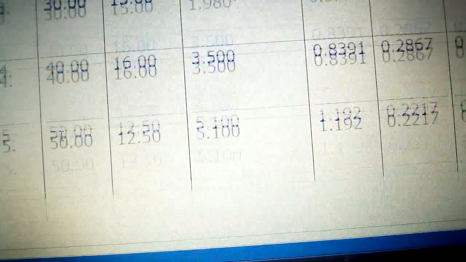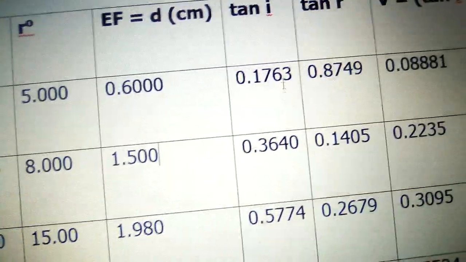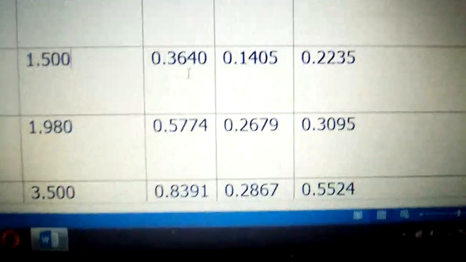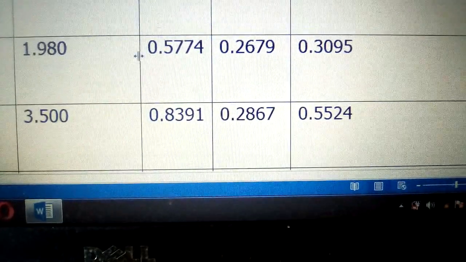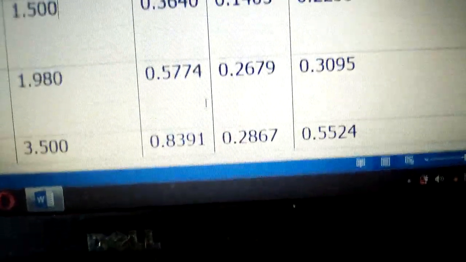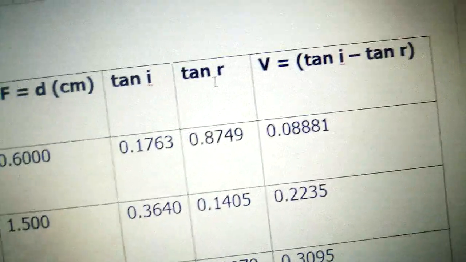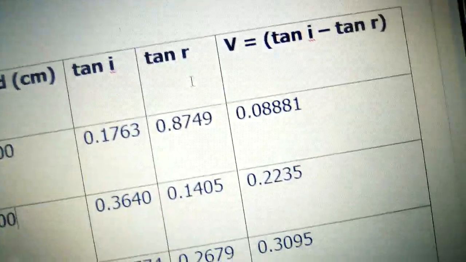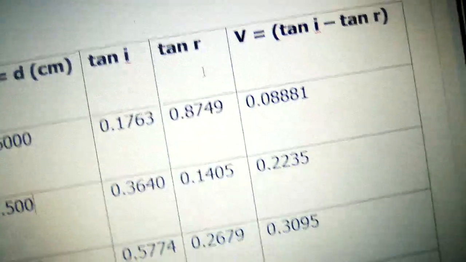Then we got tan I, that is the tan of the angle of incidence. Tan 10 is 0.1763, tan 20 is 0.3640, tan 30 is 0.5774, tan 40 is 0.8391. We also got the tan of the angle of refraction, as we are told to do in the equation.